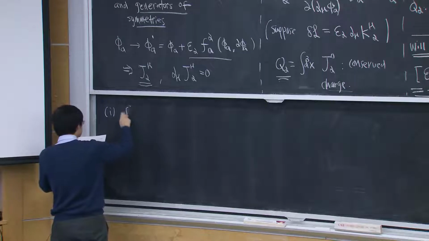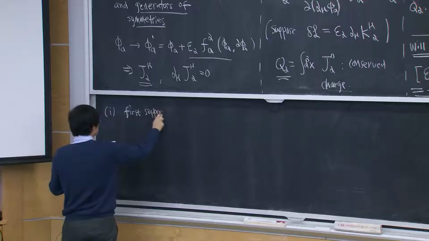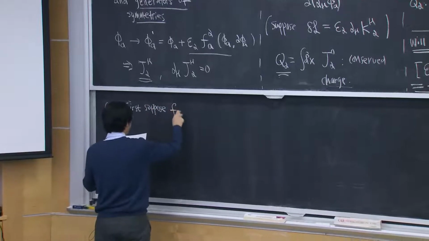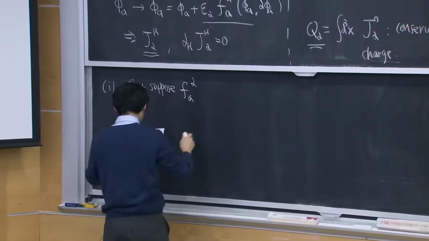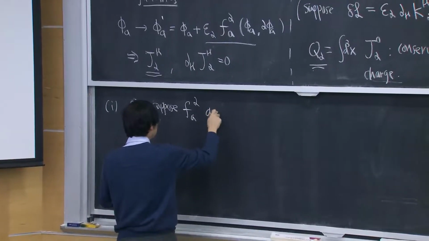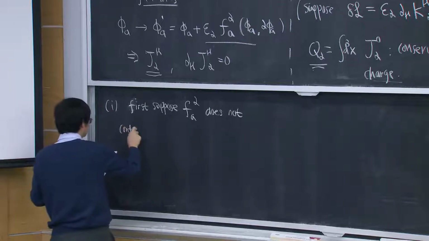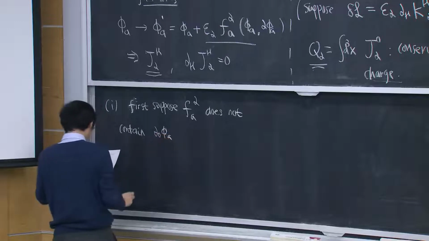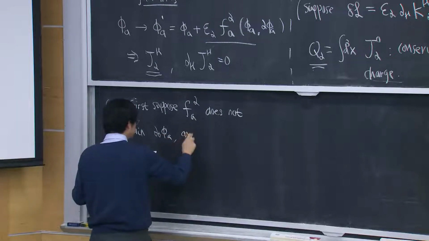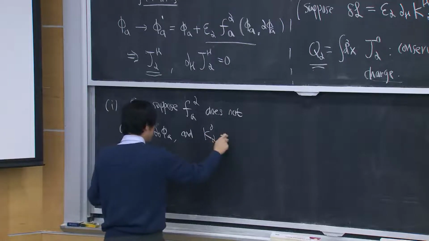Let's first suppose that F alpha A, this transformation of phi A, does not contain the time derivative of phi A, and also the zeroth component of K is equal to 0.